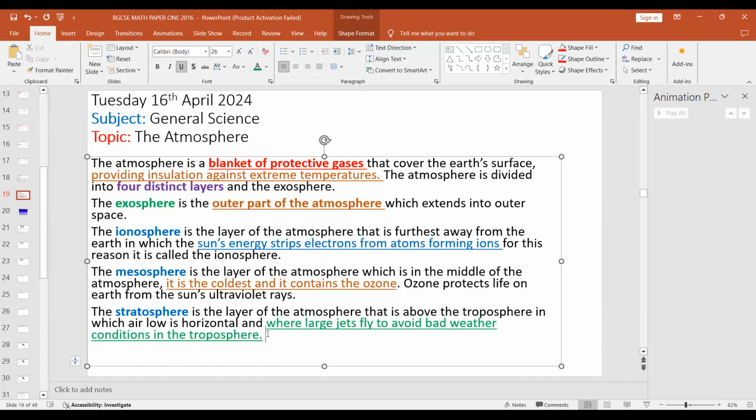And then finally, we have the last layer, which is the one closest to the Earth. That's going to be the troposphere. This is where all weather happens.